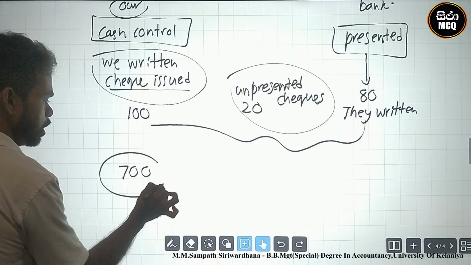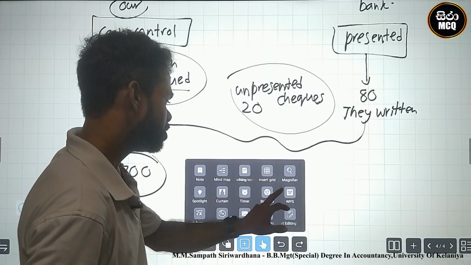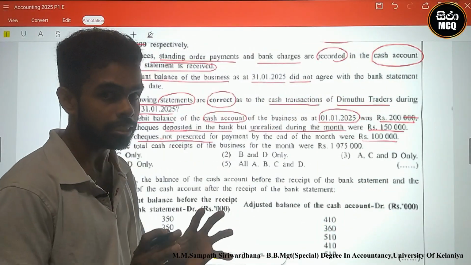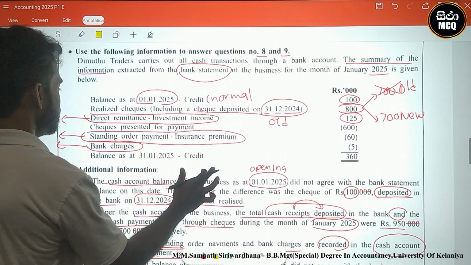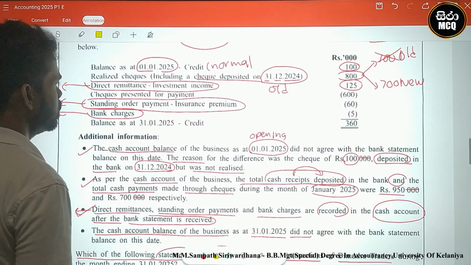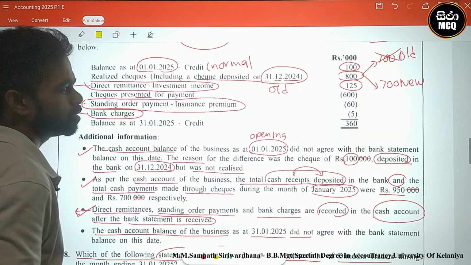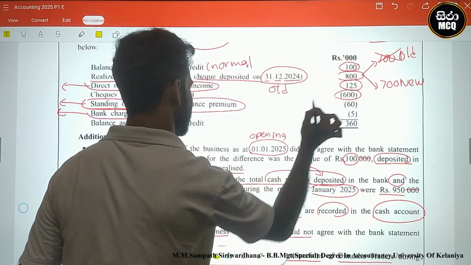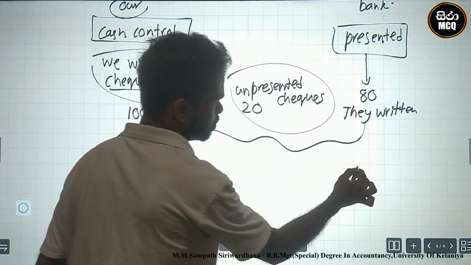This is the actual issued checks in our account. And their issued checks are there in the bank statement. Look here, on their bank statement, checks presented for payment: presented 600.